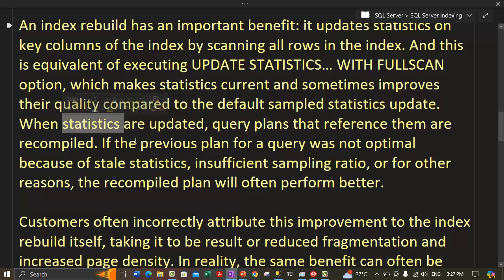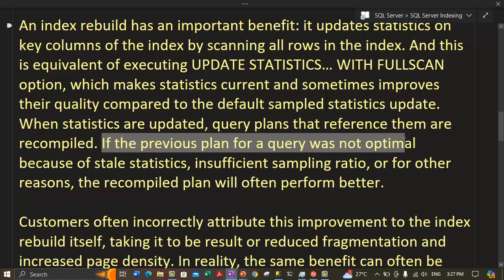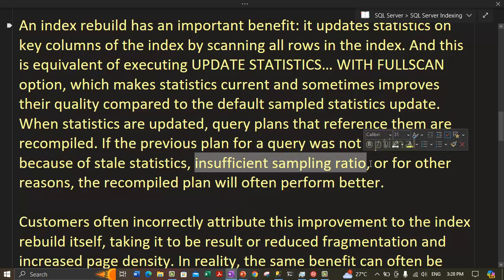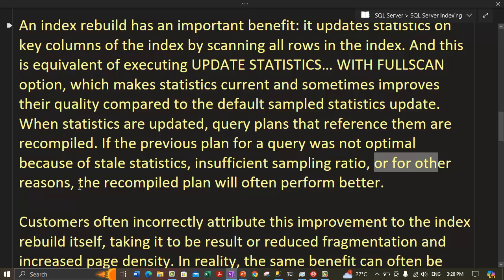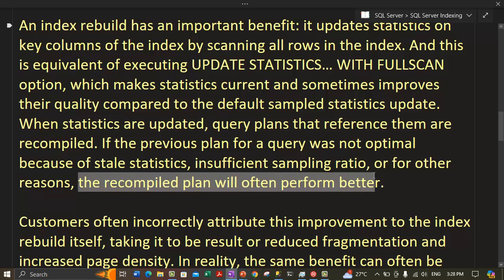And if the previous plan for a query was not optimal because of stale or outdated statistics, an insufficient sampling ratio, or for any other reasons, the recompiled plan will perform better.